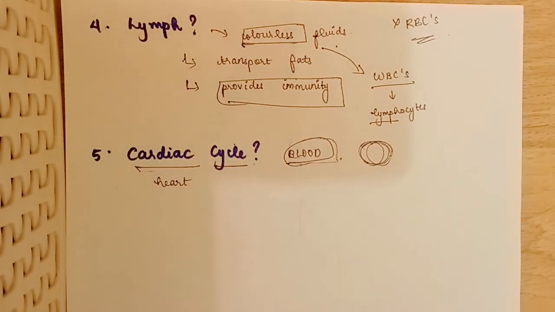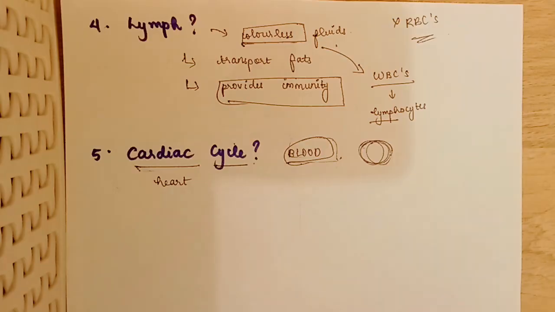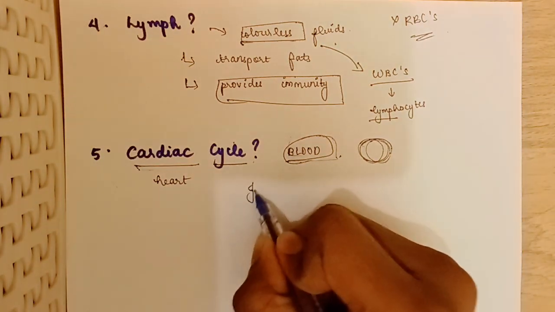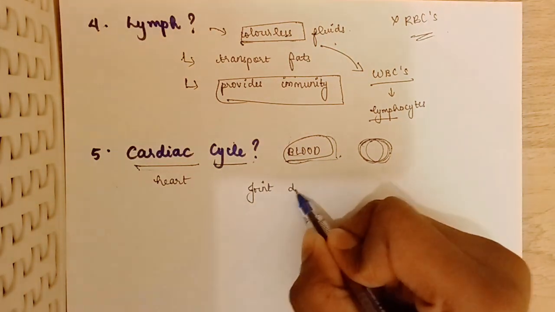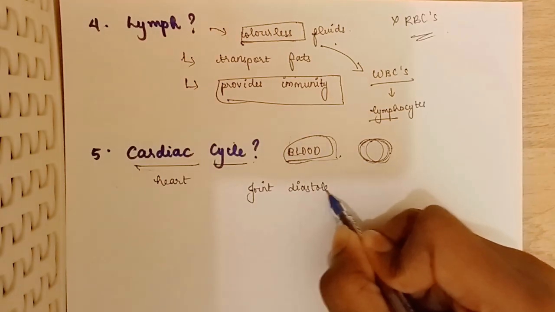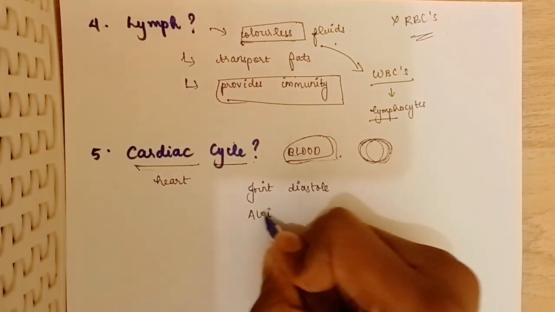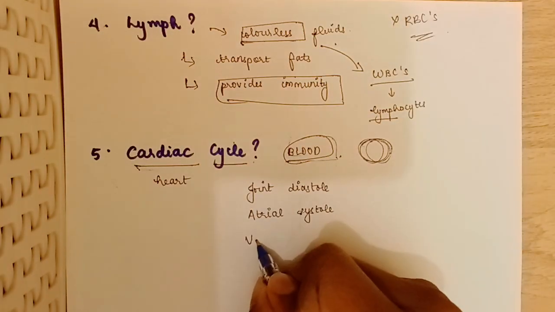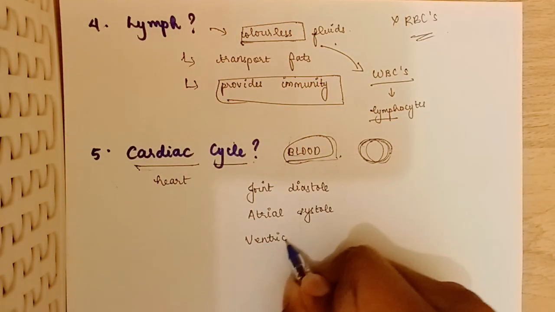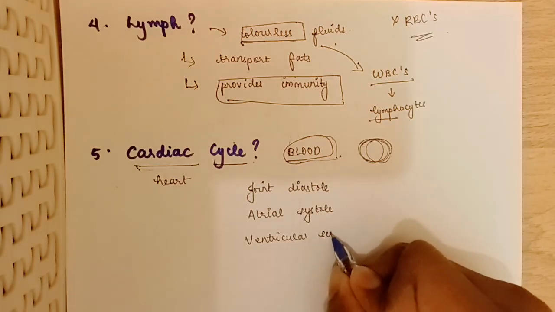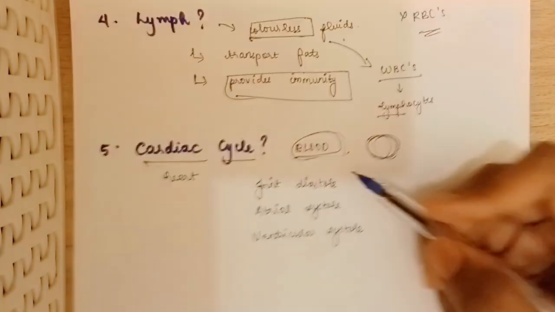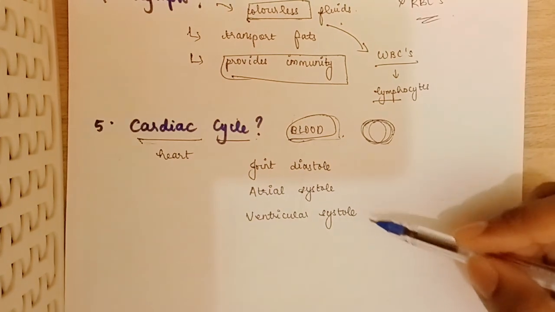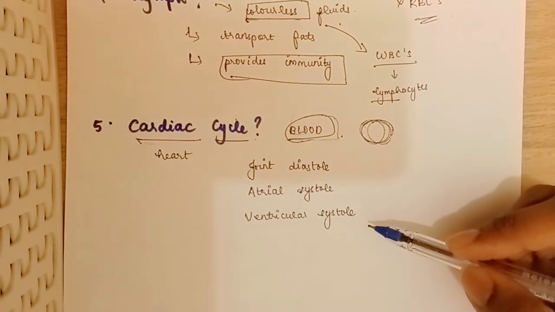Now, there are various things that you need to know. Firstly, there is something called joint diastole, atrial systole, and ventricular systole.